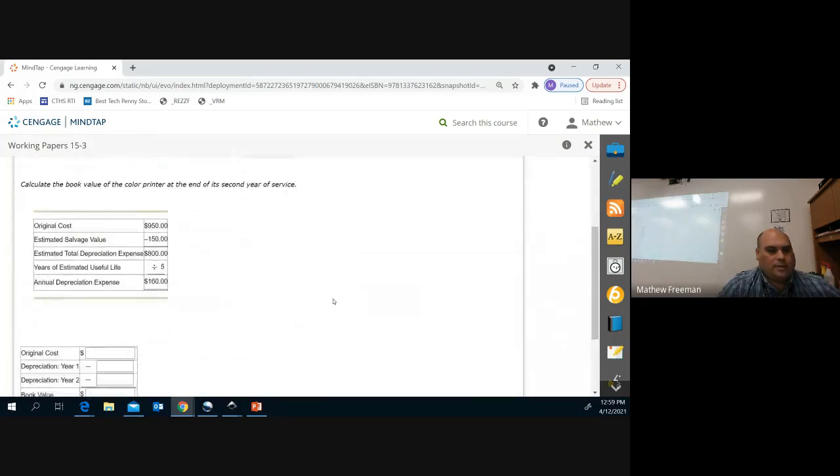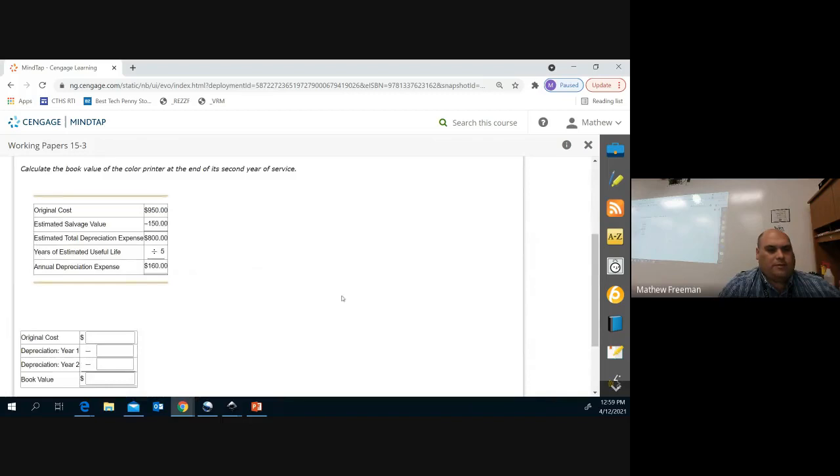Okay. So here, calculate the book value of the color printer at the end of the second year. We have to determine what the value is of the item that we're going to have on our books after the second year. We know each year we're going to reduce it by $160, because we're given an annual depreciation value of $160. We're going to get $150, or hopefully $150, when we sell it. That's what we're projecting.